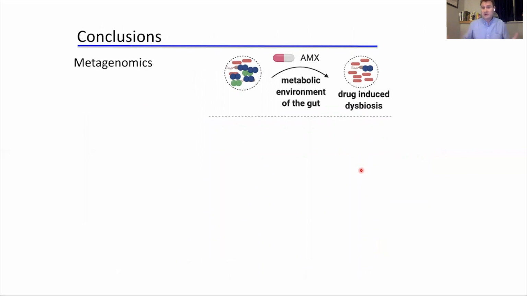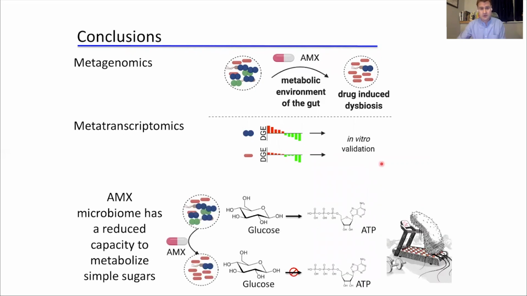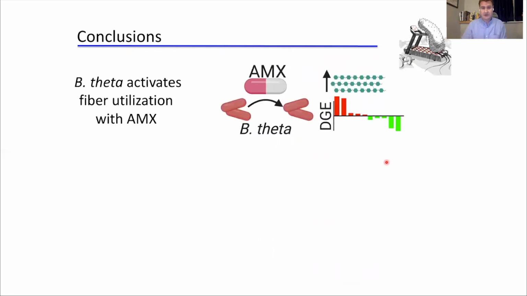So overall, what I showed you today is that metagenomics is a really good way to look at antibiotic-induced dysbiosis, and tells us who's there. Metatranscriptomics can tell us what pathways are utilized by the microbiome, and that changing the capacity of the microbiome to utilize carbon changes the susceptibility of some bacteria to antibiotics.